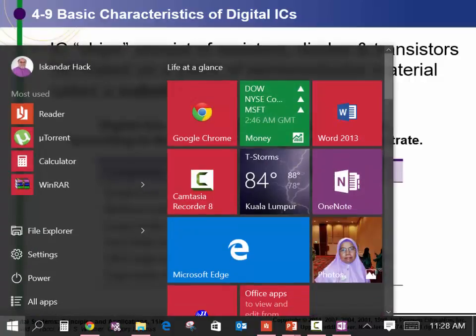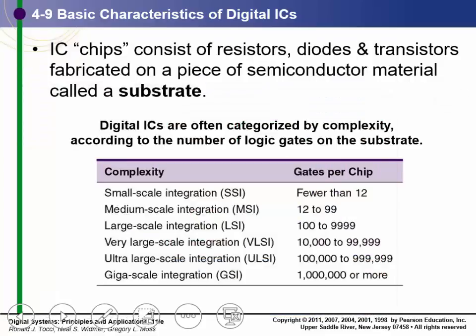They talk about complexity. You're going to hear these complexities up there. This is a moving slide. It changes every year. It's already out of date. The reason is that it says gigascale integration is 1 million gates or more on a single chip.